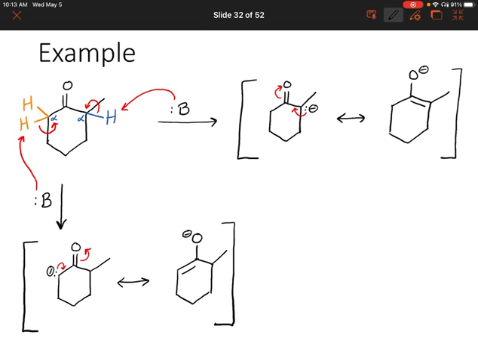So let's look at the enolate intermediate up above. So after we take a blue proton, we end up forming this double bond here. And how substituted is that double bond? Is it mono, di, tri, or tetra substituted? Tetra substituted.